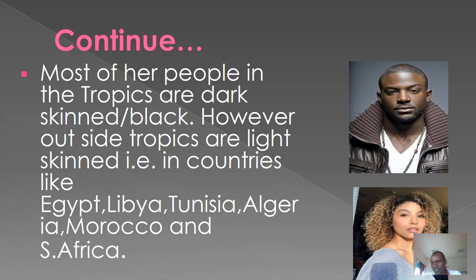As you can see in the illustration, there is a black handsome man. That one is an example of somebody living in the tropics. Then this light-skinned lady, such people tend to live outside the tropics.